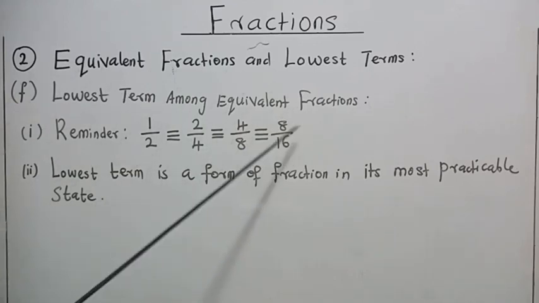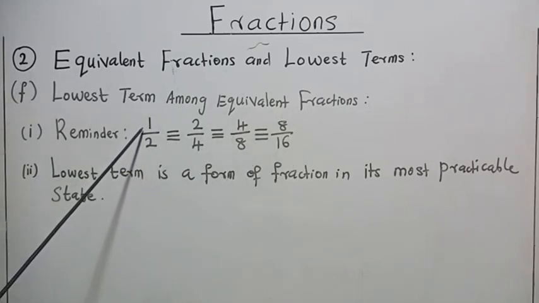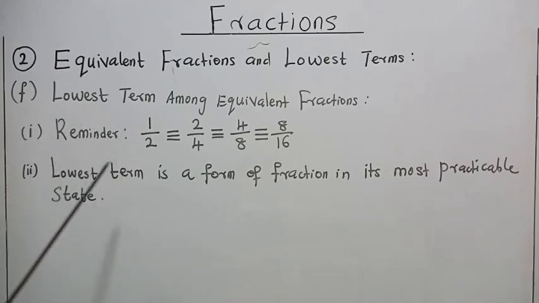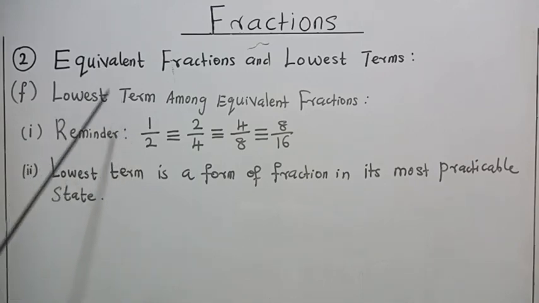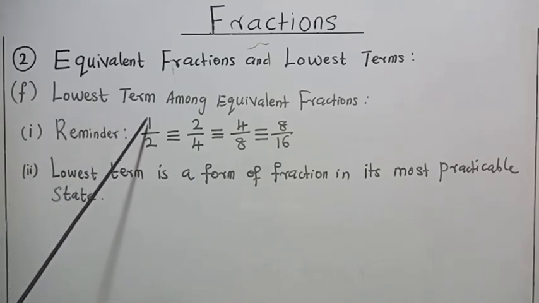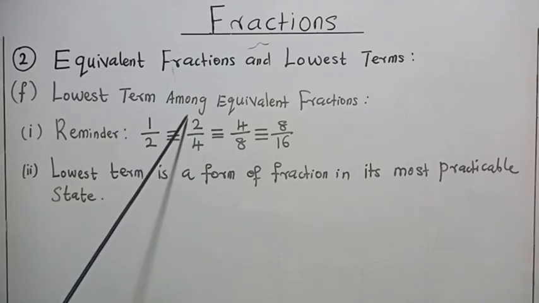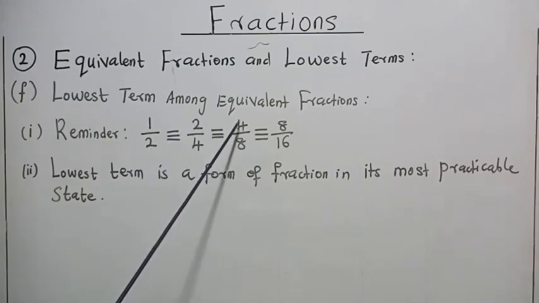Since they are all equivalent, this one is the one in lowest term. Why? It is in the most practicable state, which means it is more practical to divide something into 2 and pick 1 than 4 and pick 2, or 8 and pick 4, or 16 and pick 8.